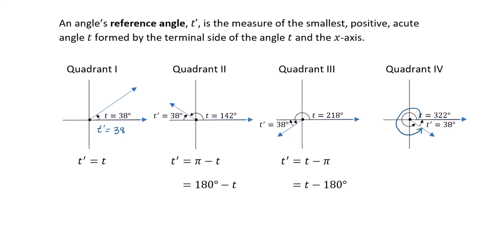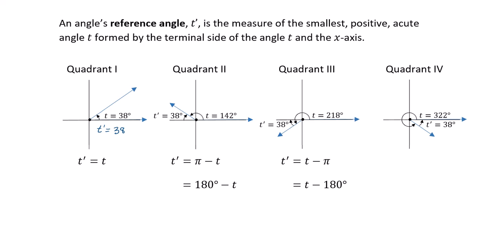Now for quadrant 4, let's say I have some angle T of 322 degrees, which lands my terminal side in quadrant 4. I can either go this way 38 degrees to get back to the x-axis, or I could go backwards this way 142 degrees to get back to the x-axis. And of course, 38 degrees is going to be the shortest way.